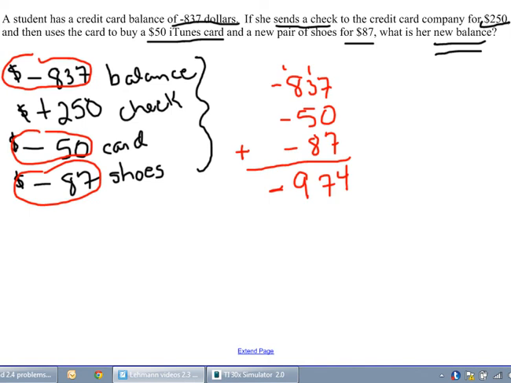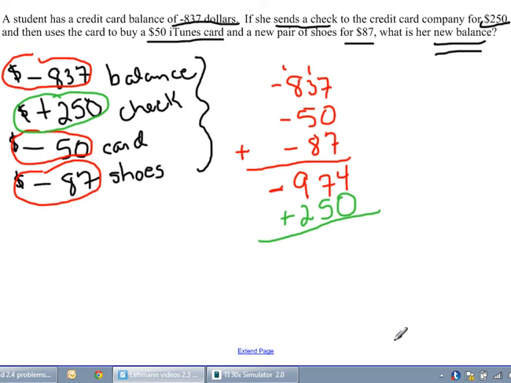But to that, we want to be sure that we add in the fact that she paid off $250 on her account. So if we come in here and add 250, now notice that we've got different signs. The 974 was negative, the 250 is positive, so we're going to be subtracting these values.